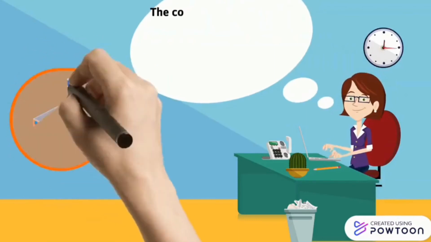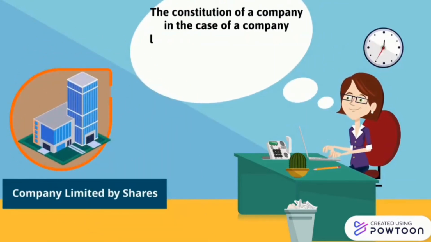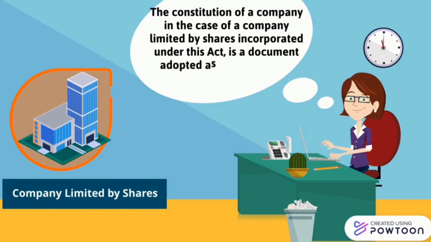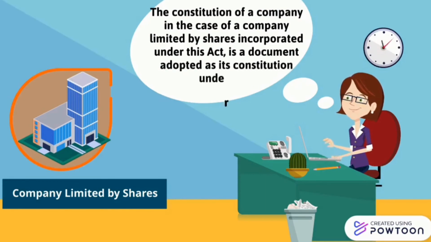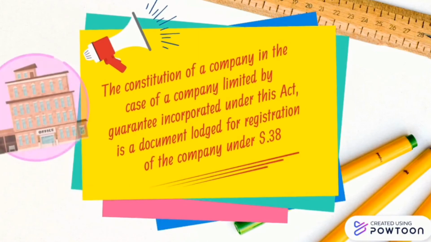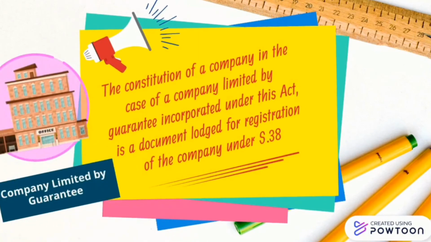Under Section 34A, in the case of a company limited by shares incorporated under this Act, the constitution is the document adopted as its constitution under Section 32. Section 34B. In the case of a company limited by guarantee incorporated under this Act, it is the document lodged for registration of the company under Section 38.